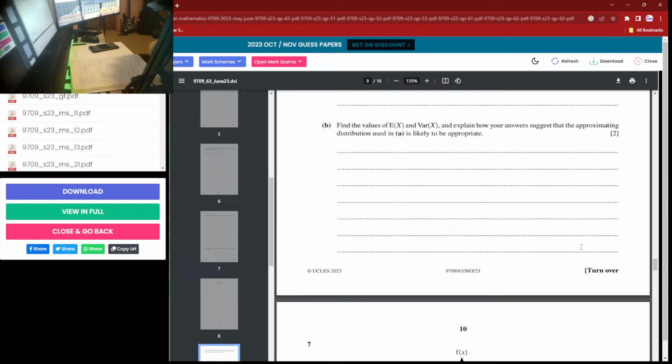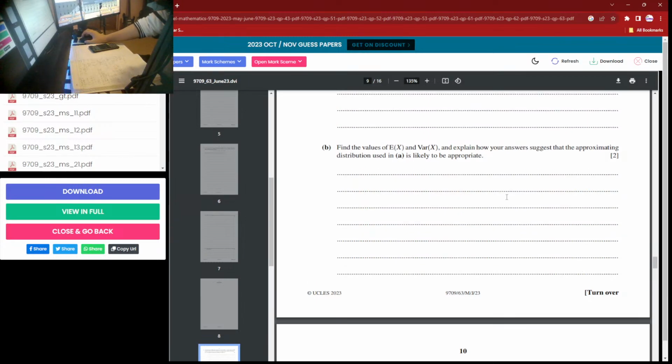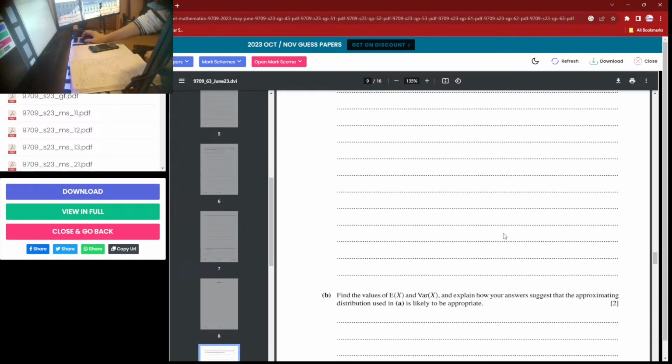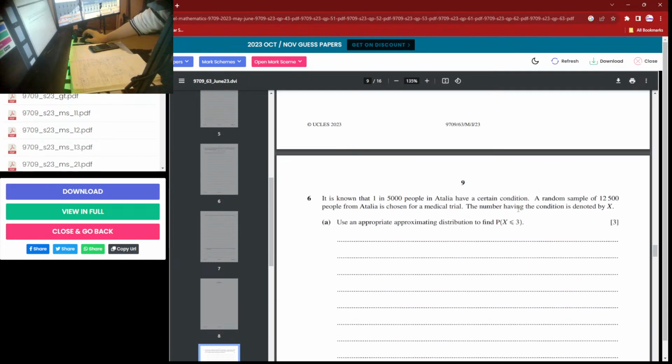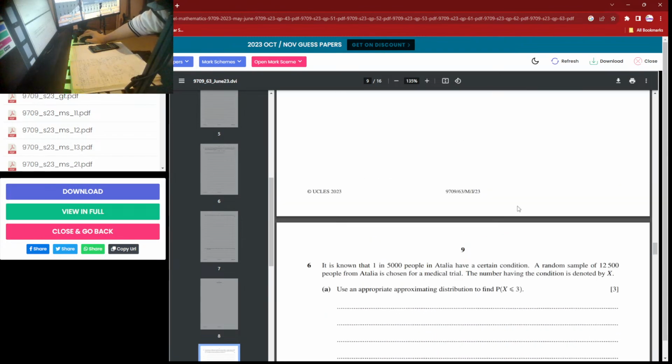Next one, find the values of E(X) and Var(X) and explain how our answer suggests that the approximating distribution used in A is likely to be appropriate. So the values of E(X) and Var(X) would be equal to 5 over 2.